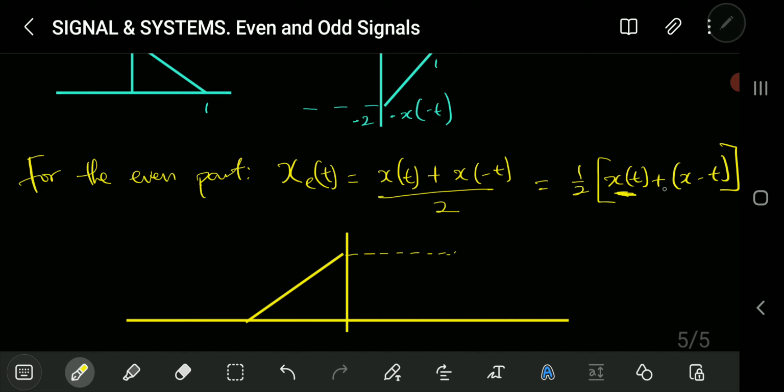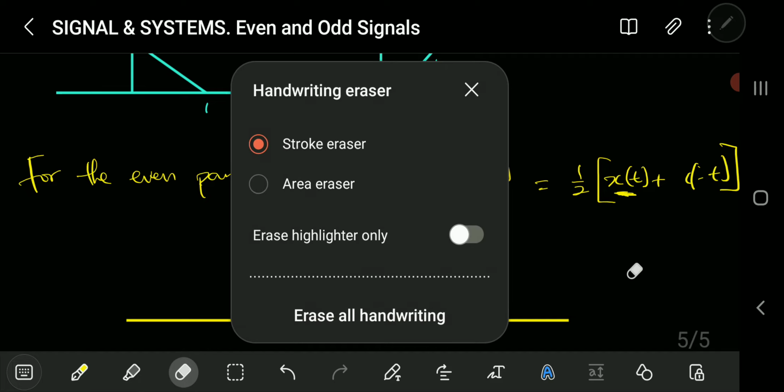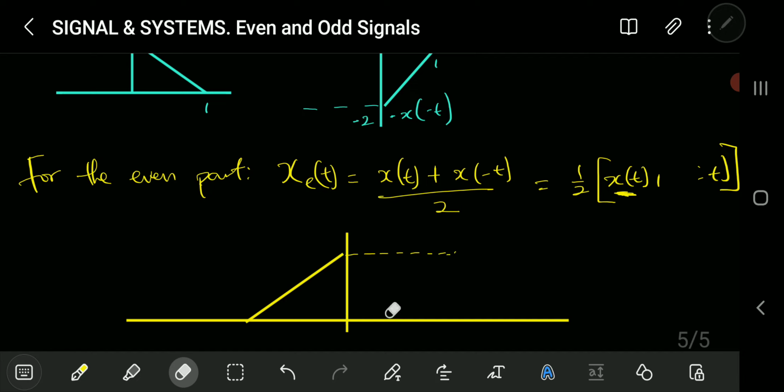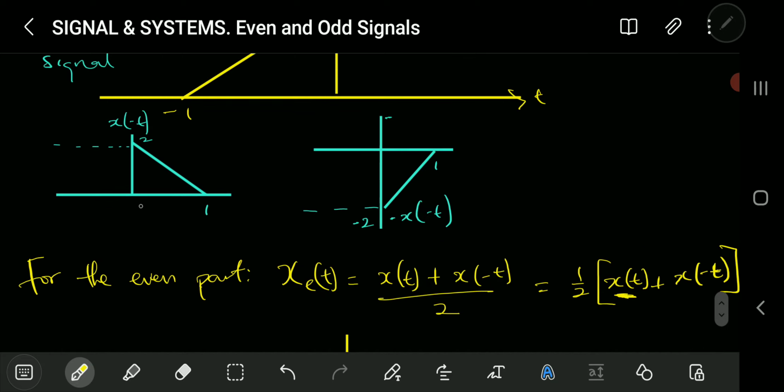The next is we are going to add it to x of minus t. The brackets should be here, let me correct that. So plus x of minus t. All right, now we've already done x of t, so now let's bring in x of minus t.